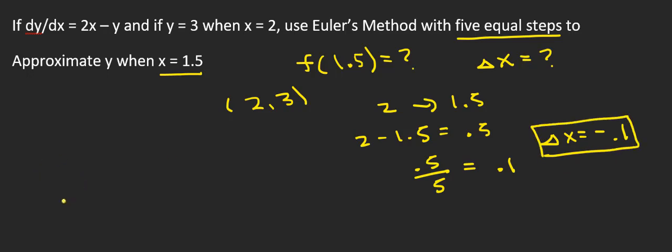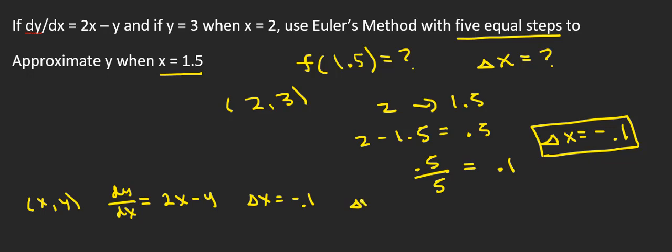So once you have a delta x, the setup is pretty easy. Again, you start from x comma y, and you know that dy over dx is, in this case, 2x minus y. Delta x in this problem will be negative 0.1. What about delta y? Delta y is going to be dy over dx times delta x.